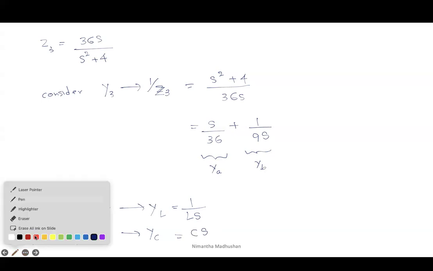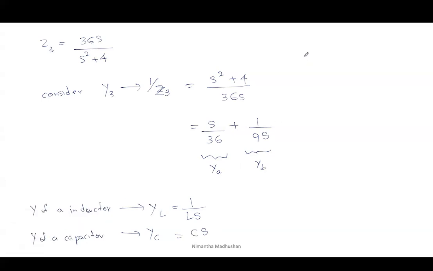Then according to that, if I consider the YA, this is S over 36. I can rewrite it again as 1 over 36 into S. It is more like a capacitor. 1 over 36 is the capacitor value. Write it as C2 is 1 over 36.